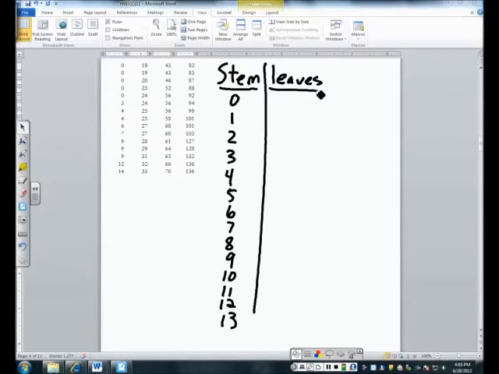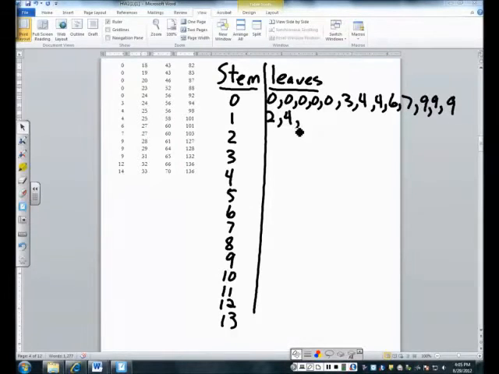And so for the first 5 numbers, that's 0. And then follow that with 3, 4, 4, 6, 7, and then 3 nines. And then in the tens, we're going to start with 12, 14, 18, 19.